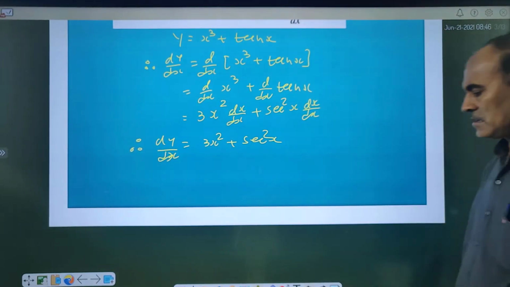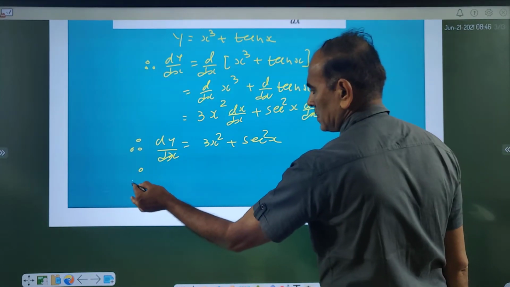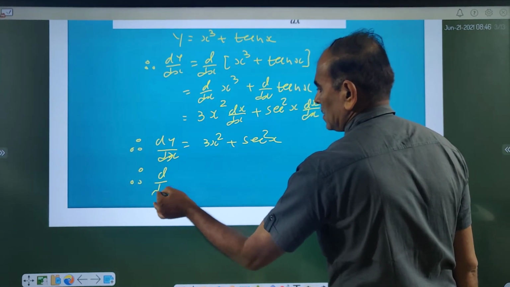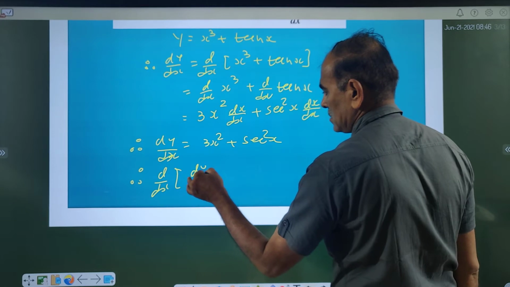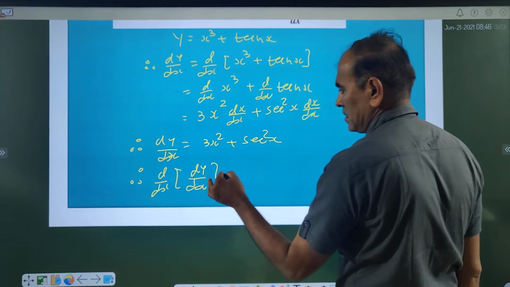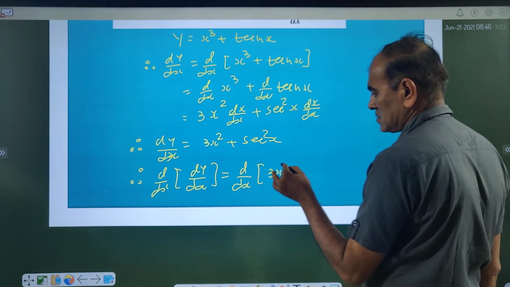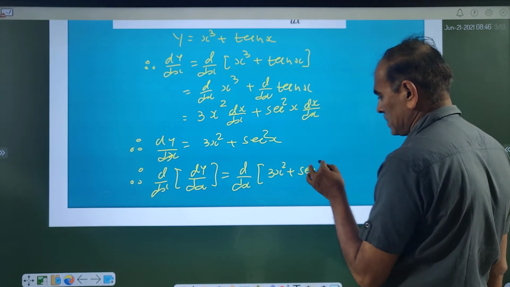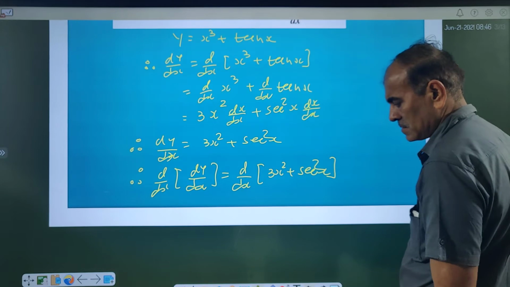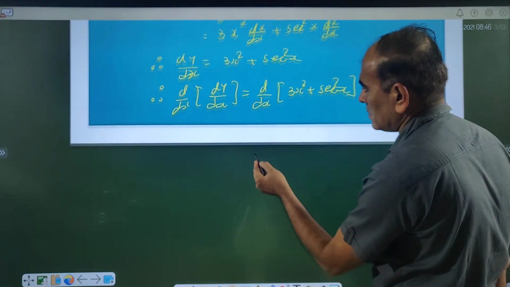Once again differentiate. And therefore d by dx of dy by dx is equal to d by dx of 3x square plus 10. So what we get here?